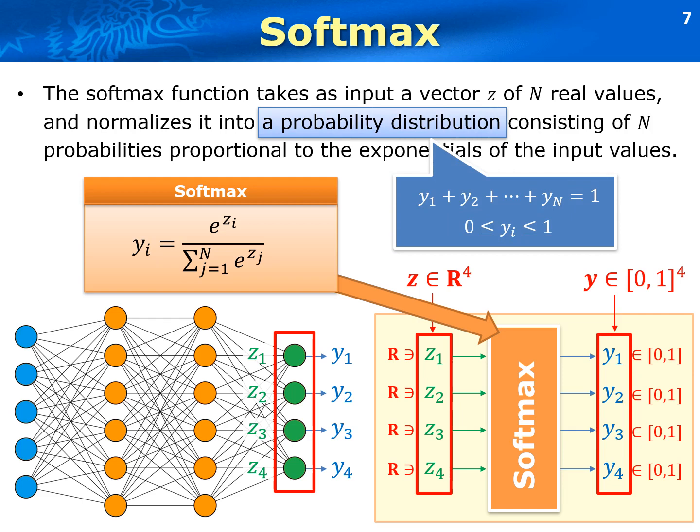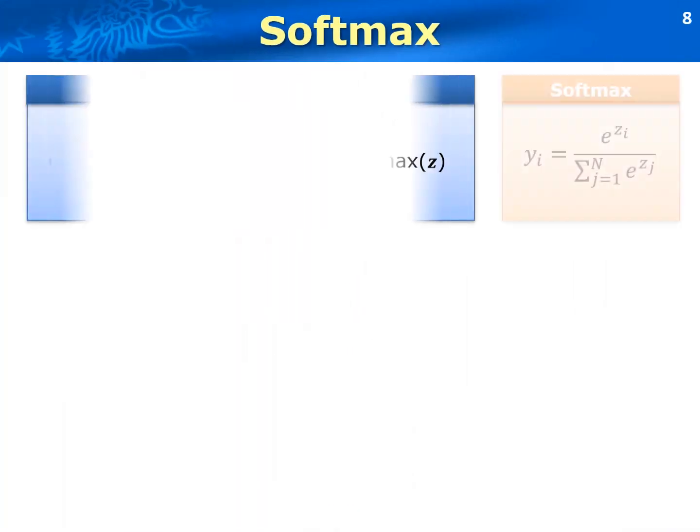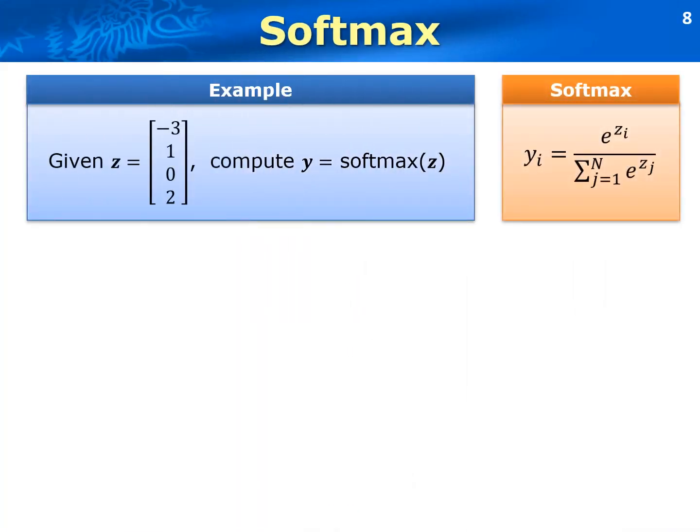Next, I will give you an example to show how softmax works. Given the vector z, -3, 1, 0, 2, applying softmax to z, we want to get the output vector y. The computation of softmax can be tabularized as follows. We put all the values of vector z in the first column.